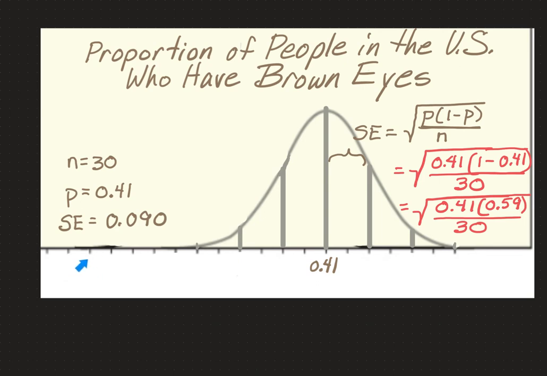The number in the sample times the population proportion must be greater than or equal to 10, and also the number in the sample times 1 minus the population proportion must be greater than or equal to 10, or you cannot use this formula. Well, why not?